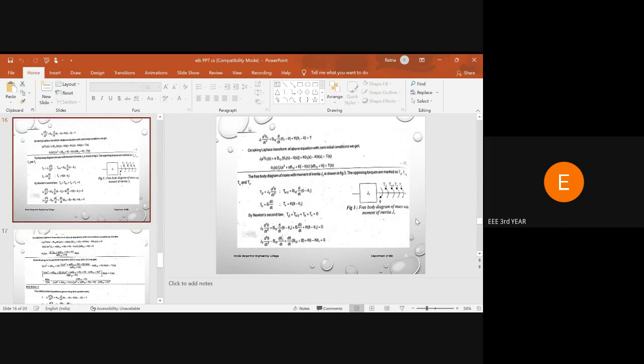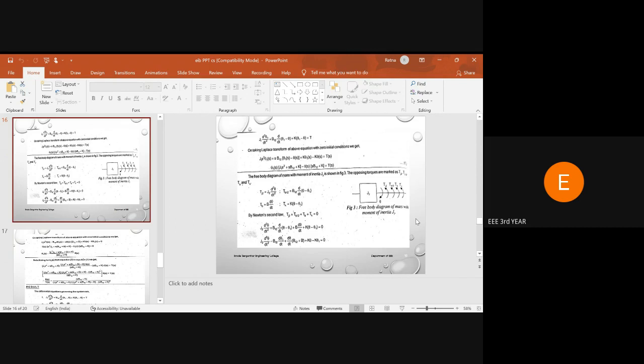By Newton's second law, applied torque is equal to opposing torque. In this moment of inertia, there is no applied torque. So TJ2 plus TB12 plus TB plus TK equal to 0, because there is no applied torque. Then substitute the opposing torque formulas in the above equation.